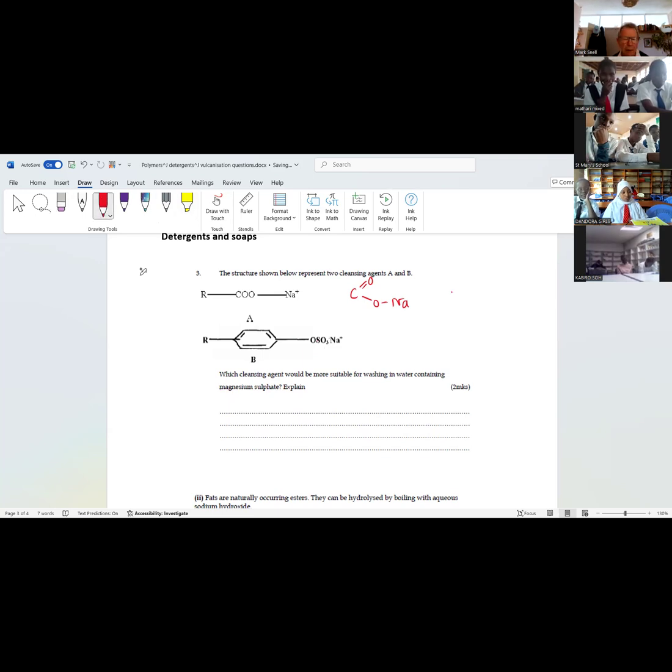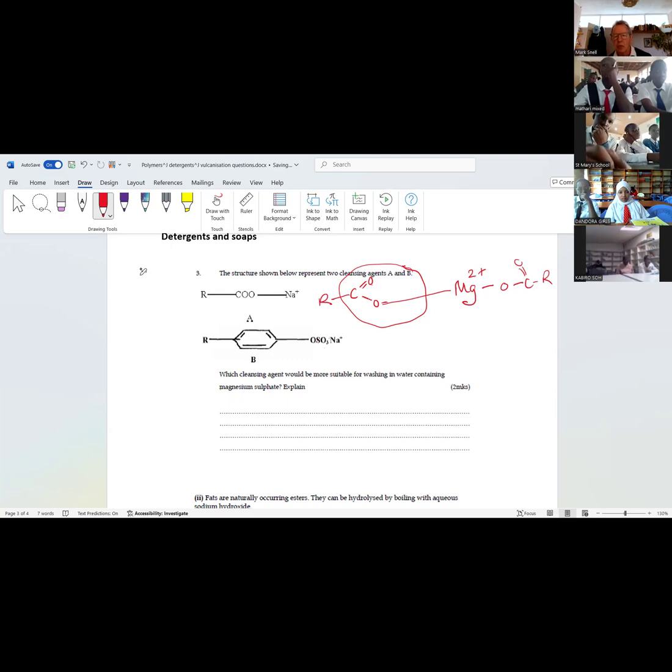If I have this part of the molecule and I add magnesium ions, the magnesium ions swap for the sodium. So the sodium goes, let's get rid of the sodium, and the magnesium joins on here. Now, actually, we need two of these, so that we've got R here, and we have another one here, which joins on like that.